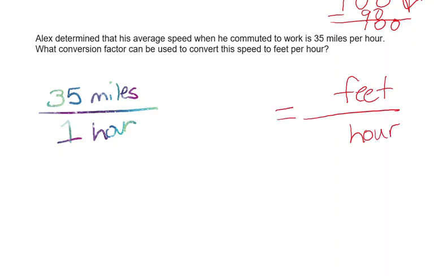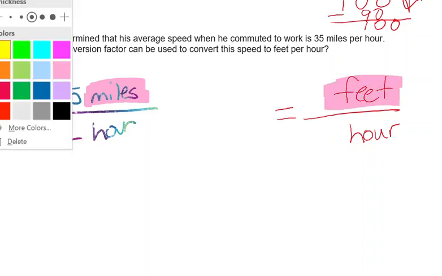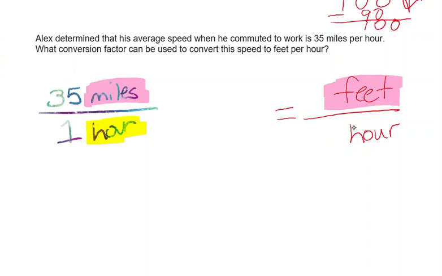So if we wanted a final answer of feet per hour, again, let's look at the units. Miles would have to be converted to feet. Hours would not change. It would stay hours. So what we would need to change is from miles to feet.